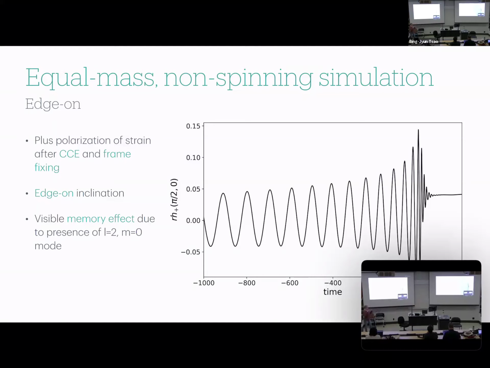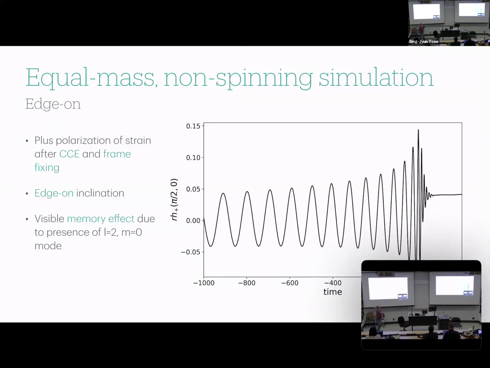But at least in certain orientations, when the 2-0 mode is particularly apparent, what you actually get is an offset, where the final state of the waveform is different than the initial one. You actually are left with some sort of offset. It looks like such a small thing to be excited about, but this is a really exciting thing to actually be able to get out of our waveforms now.